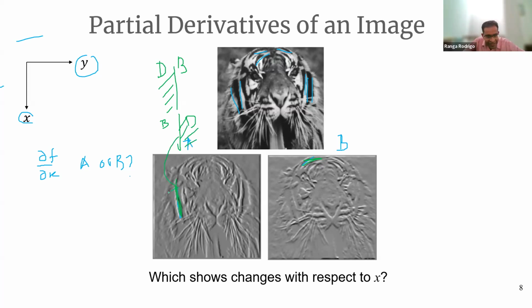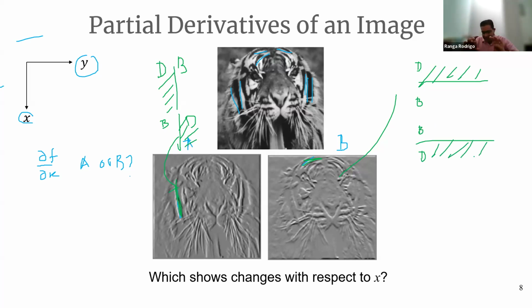Those are the ones that have been detected here. In this image, what are the things that have been detected? In this one, it has detected dark to bright, or bright to dark. This is what has been detected. I have told you that a kernel will look for things that look like the kernel.